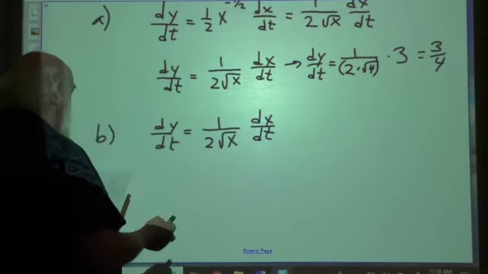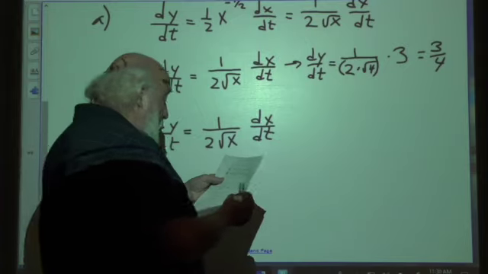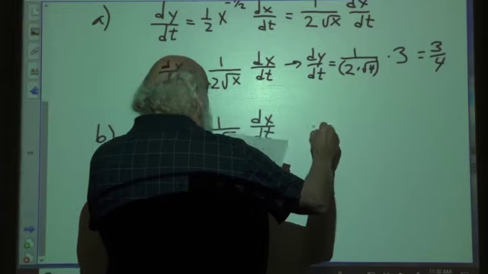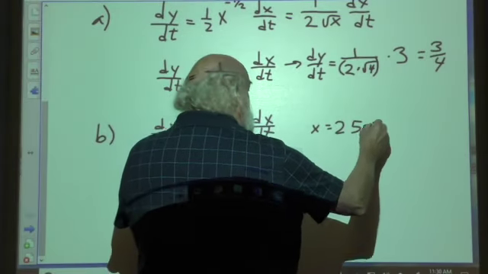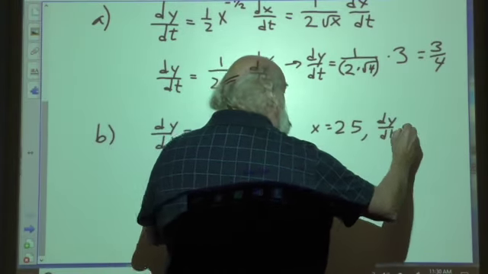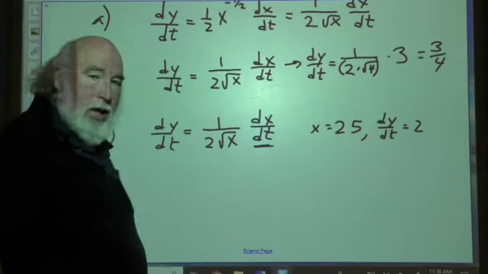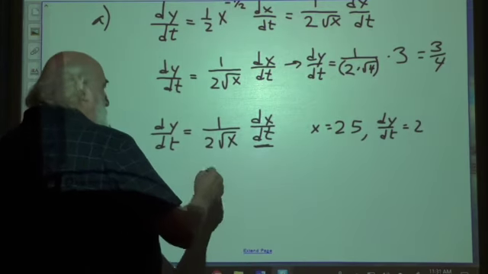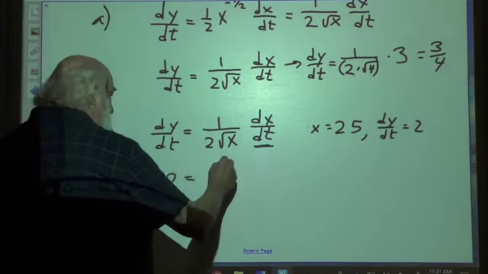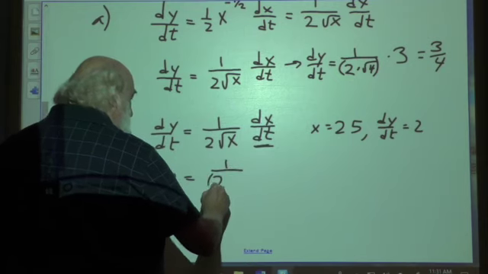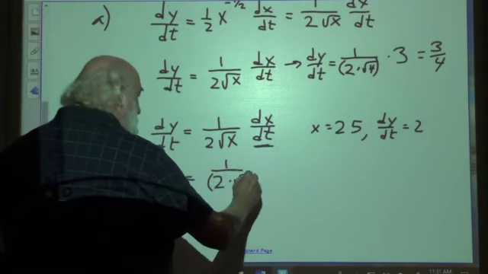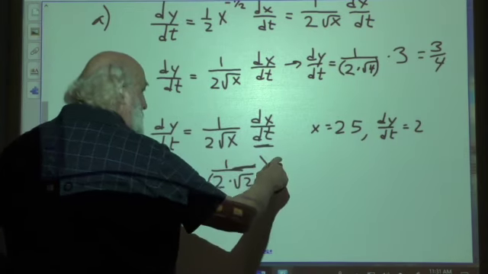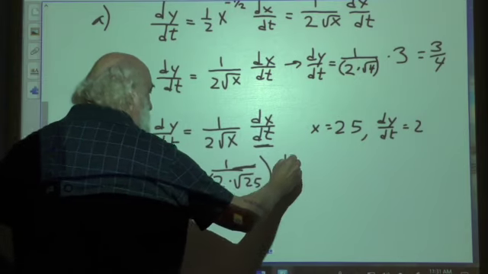Now I'm going to plug in values. We're trying to find dx/dt. We know that x equals 25 and dy/dt equals 2. So dy/dt is 2, equals 1 over 2 times the square root of 25, which is 5, times dx/dt, which is what we're solving for.